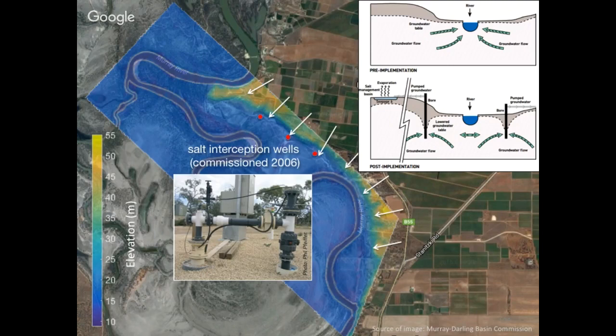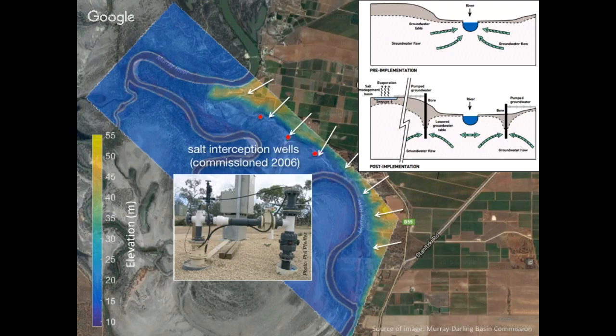So correct me if I'm wrong here on the story, but as it was initially sitting, you get a river in here, embankments up here, salts that are coming in, it actually salinates the groundwater.